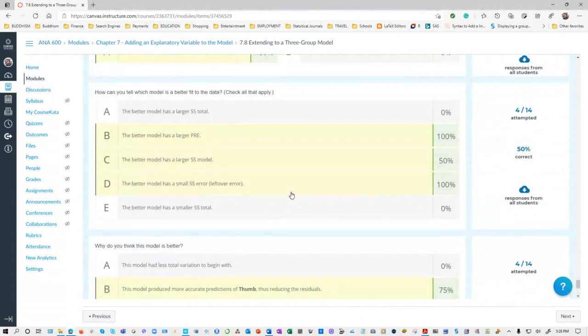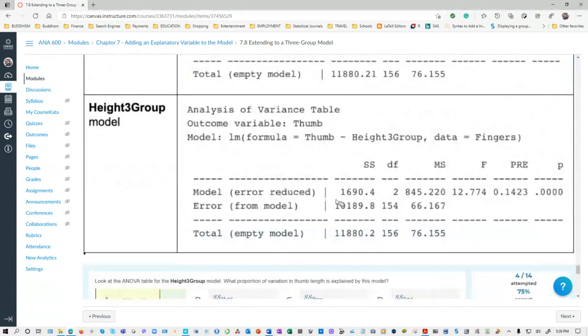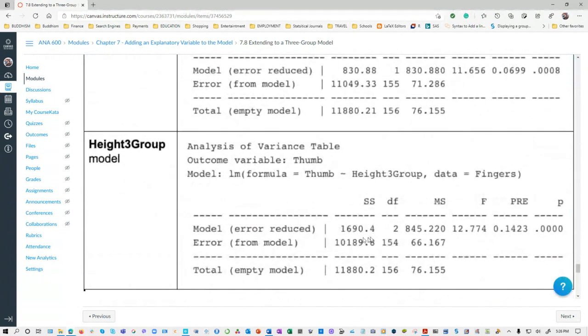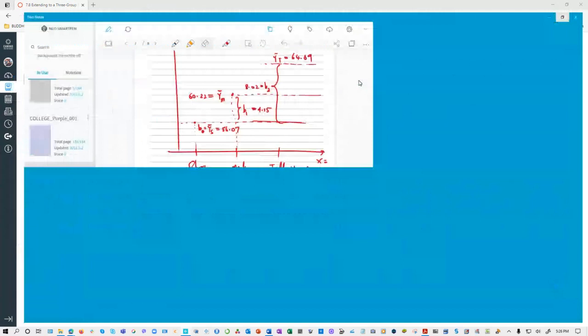This has to be the leftover, and it has to be smaller. This one is smaller compared to this one. This one is 11,000, and this is the sum of squares model. They're being compared and contrasted. In both cases, to compare and contrast, these are the ones you have to look at.